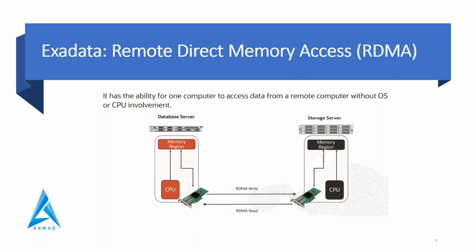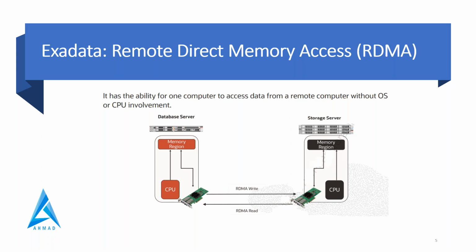All existing InfiniBand RDMA benefits are also available on RoCE, including over a decade's worth of performance engineering on Exadata. So this is the feature by which Exadata is faster in terms of performance. These components basically help in that.